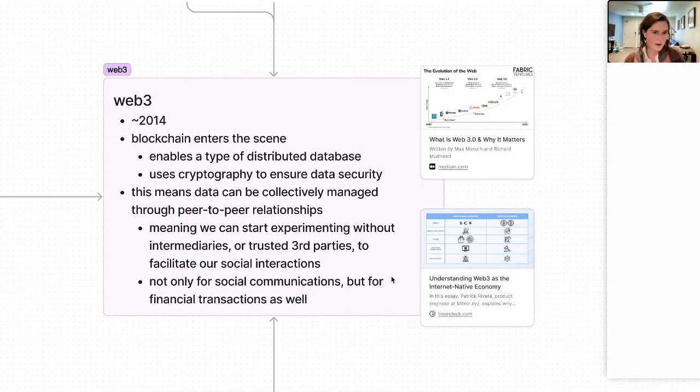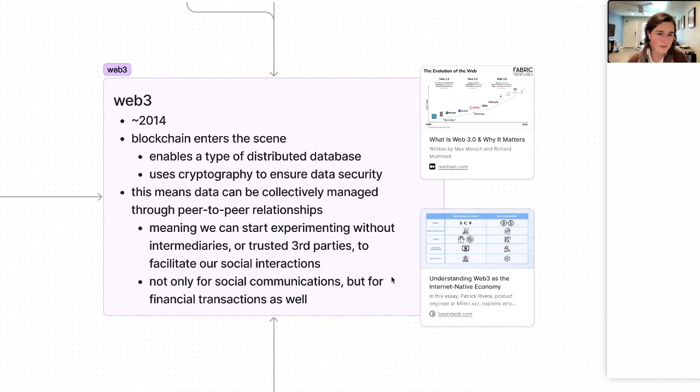And the reason why this is important is because we're now moving away from that Web 2.0 predominant focus on centralized databases, where companies are facilitating interactions amongst people. And we can now interact peer-to-peer, person-to-person, without having to negotiate that trust layer because it's baked into the blockchain technology.